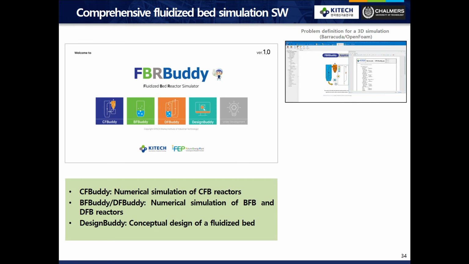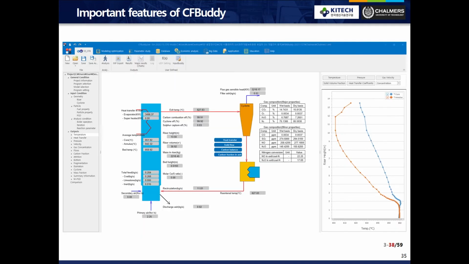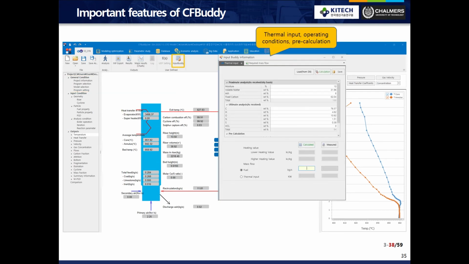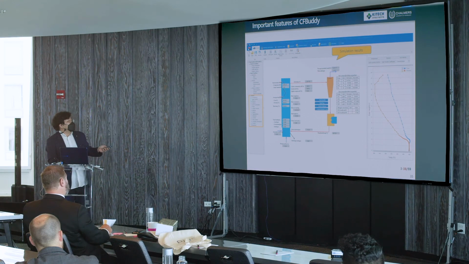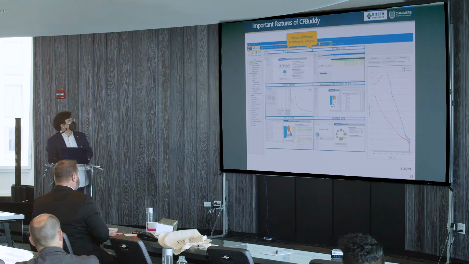One can use this 1D simulation very easily, and there's also an option for making an input file for the 3D simulations. And these are some important features of the software. So operating conditions and pre-calculation, you can get a result, and various types of reports you can generate.